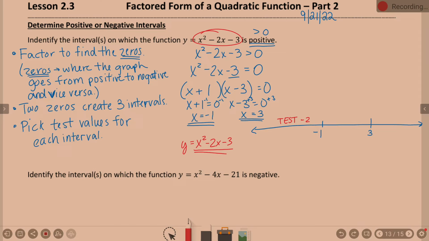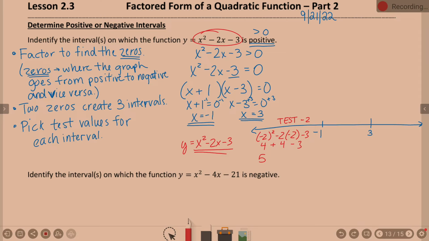So if I put -2 in: -2 squared minus 2 times -2 minus 3. And we're going to do the math. -2 squared is 4, minus 2 times -2 is plus 4, minus 3. 4 plus 4 is 8, minus 3 is 5.